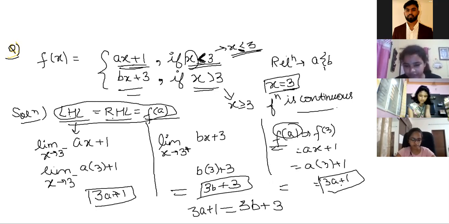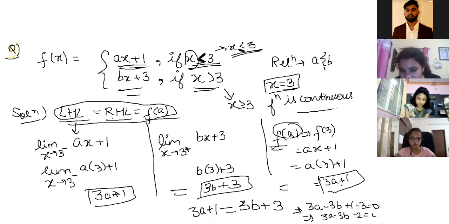And if we have to find a relationship between them, it will be as simple as 3a minus 3b plus 1 minus 3 is equals to 0, which means if we do this, okay, so I'm rubbing some part of it.